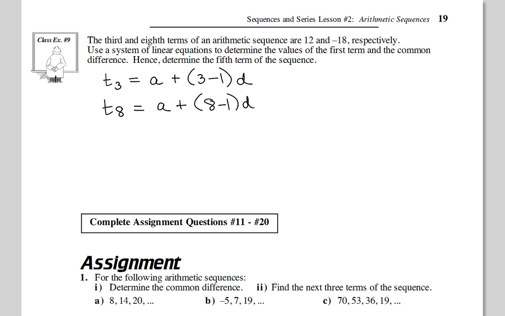So that's if you just copied it down exactly from the formula sheet. We can substitute in those values for T3 and T8 respectively. So we have 12 equals A plus, simplifying, 2D, and negative 18 equals A plus 7D.